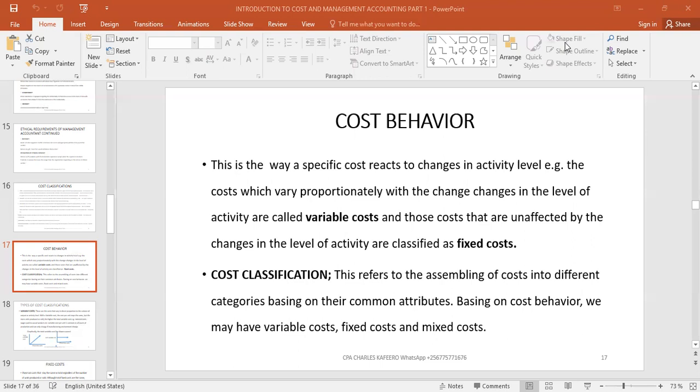But as I explained earlier, fixed costs sometimes change when the level of activity changes, but the cost itself remains constant after a step up, and those are the stepped fixed costs, as we shall see. Then the mixed costs, of course, are the costs which have both a variable component and a fixed component.